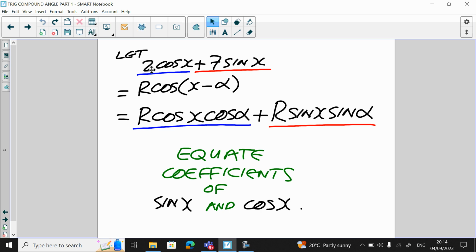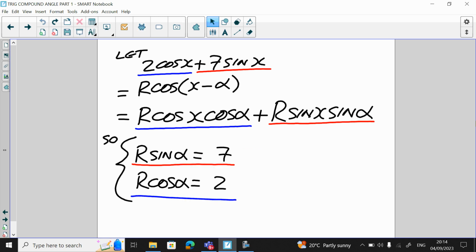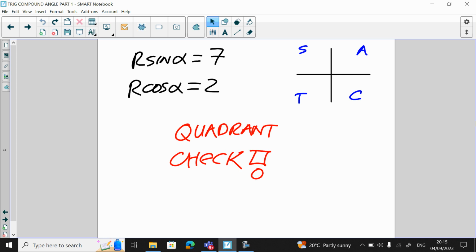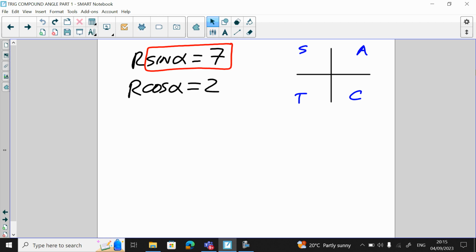That means 2, getting rid of the cos x from both, is equal to R cos alpha. And with this stuff, getting rid of sin x, 7 is equal to R sin alpha. That's what it means by equate the coefficients. It's best to have the sin alpha at the top and cos alpha at the bottom, because sin alpha over cos alpha equals tan alpha. But initially, we need to do a quadrant check, just in case these pair might be negative, but they're not, so this will be fine.